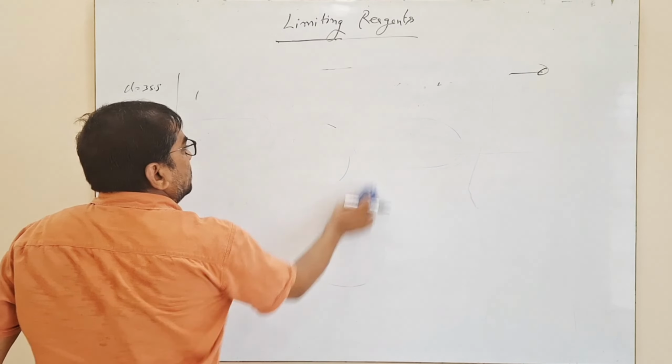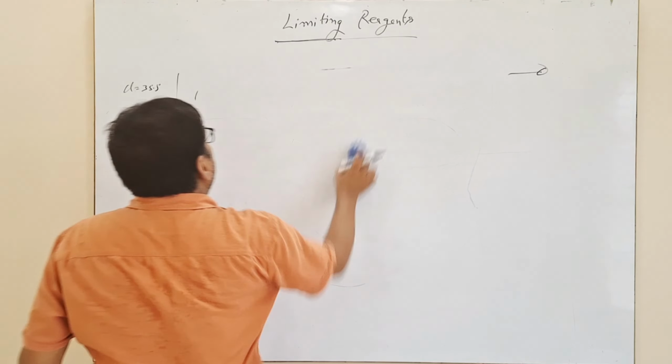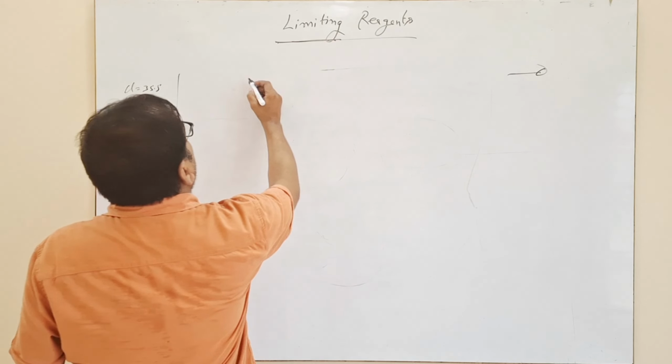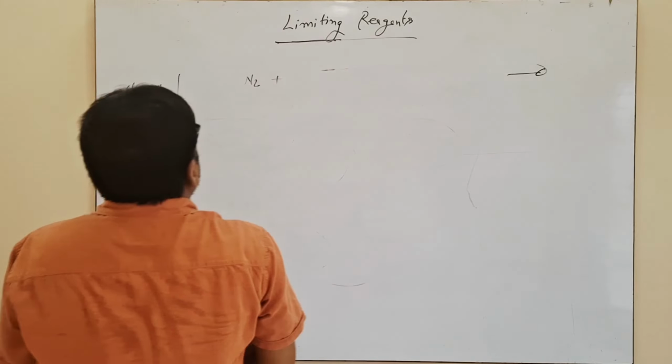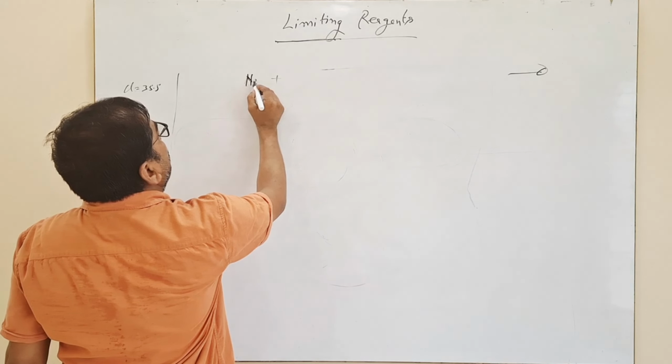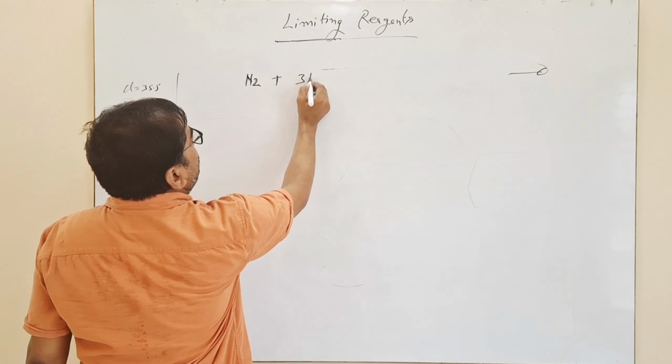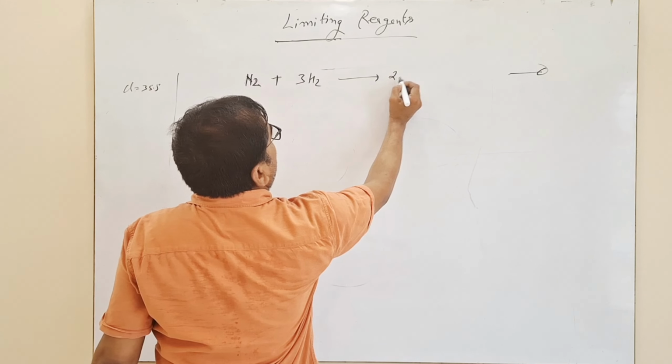Again, the formation of ammonia by the Haber method. N2 plus 3H2 gives formation of ammonia.